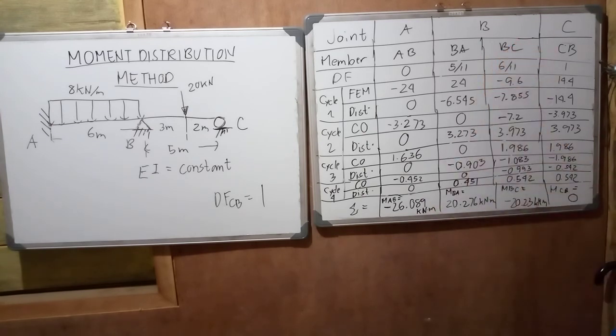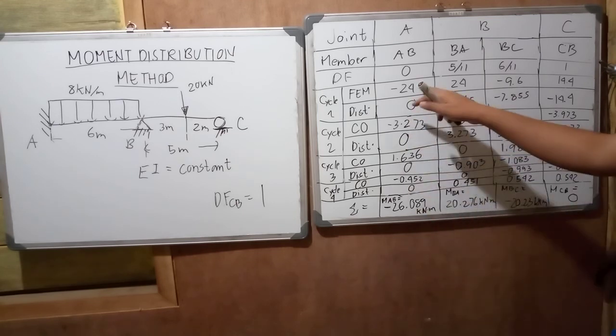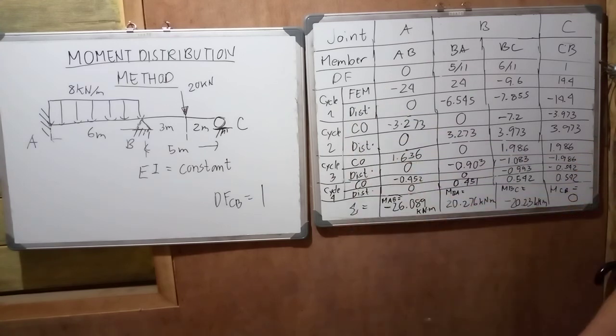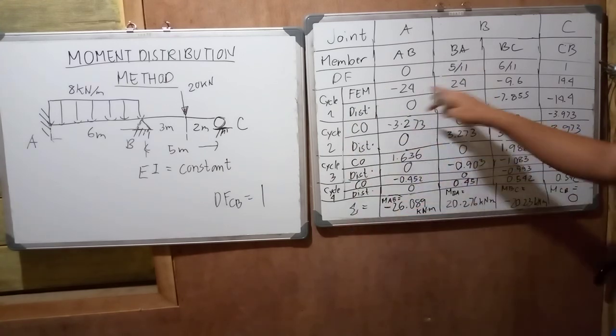Para mas madali. So, dapat yung gamitin natin is KAB is equal to 4EI over L. Then, gamitin natin na fixed end moments is yung both sides, assuming na yung both sides is fixed. Kaya ganito.